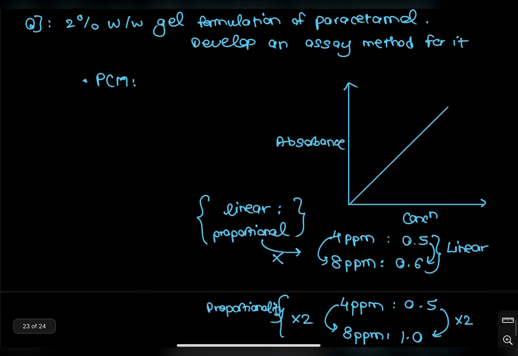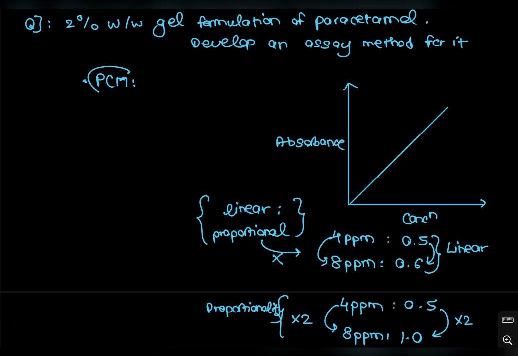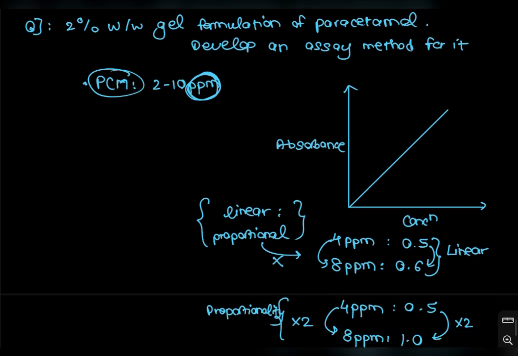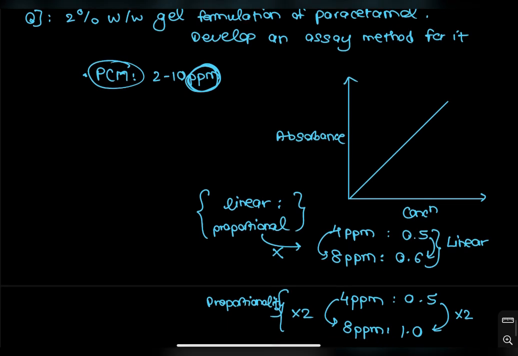Now what we are saying here is that every single compound, like for example PCM here, has a concentration range where the absorbance and concentration are both linear and proportional. For PCM, the range is 2 to 10 ppm. The concept of ppm I have already covered in one of my previous videos, and I've also covered how to convert a particular concentration unit into ppm. So for this 2 to 10 ppm range, let's say this is the graph: 2, 4, 6, 8 and 10, the concentration in ppm.